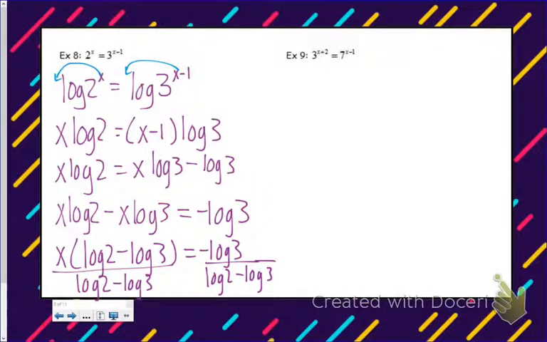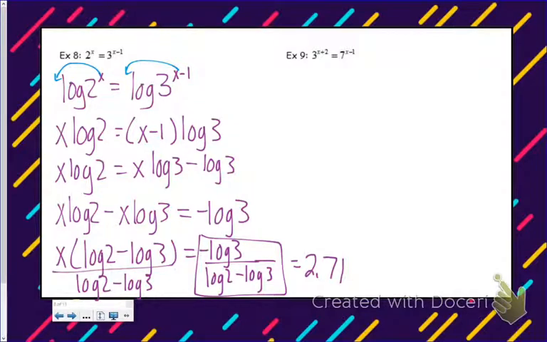So if I did not have a calculator, I would stop here. At this point though, if I want to find what that decimal is, I can go ahead and plug this in. Now it's actually okay if instead of using a regular log, you want to take the natural log at the very first step, that's still going to get you the same answer. So it could be either one of those, but I'm going to go ahead and plug that in to get my decimal. And I get that it is 2.71.